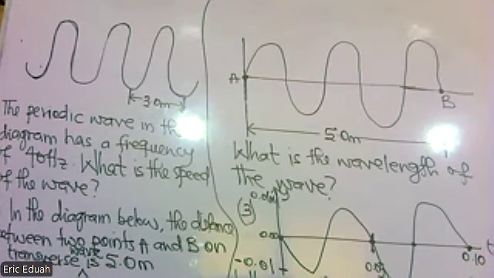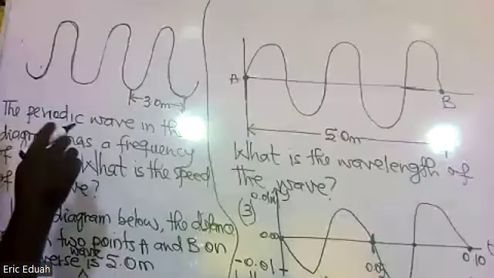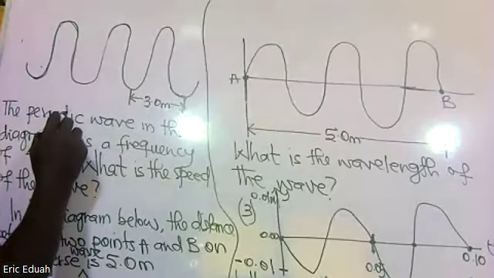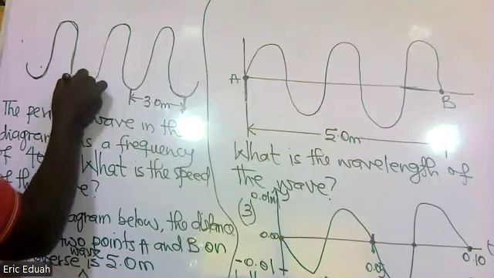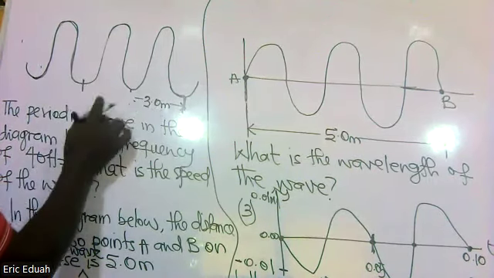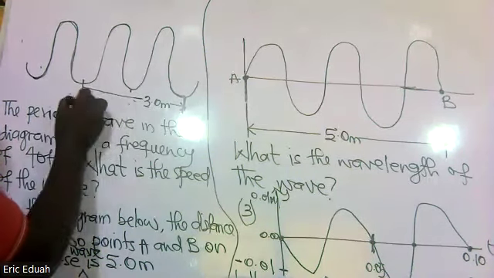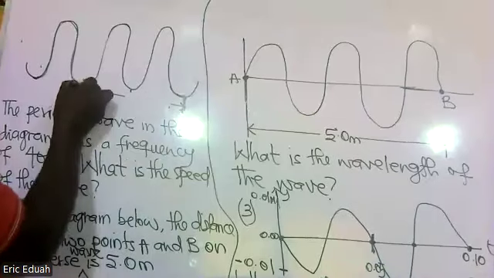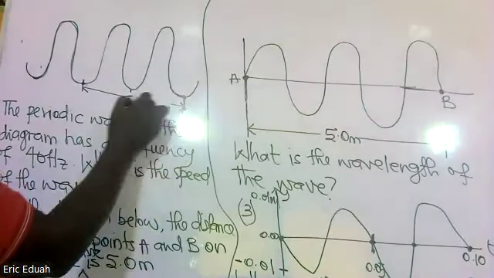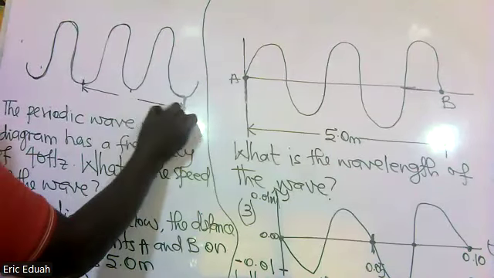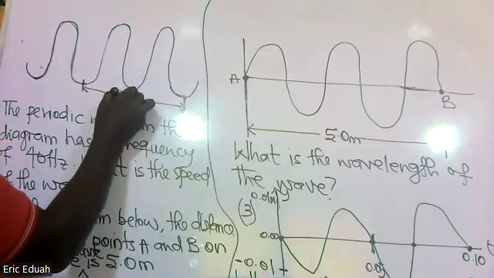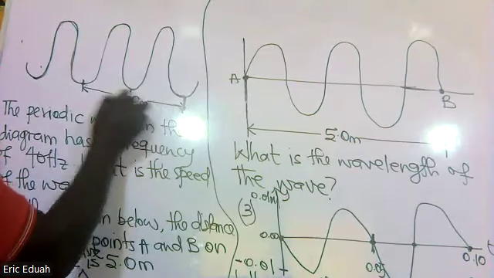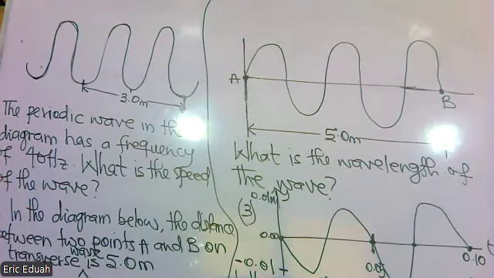I want to make another change. Fine, this one holds. But what if the dimension in question is from this point to this point, and we are told it's still 3.0 meter?